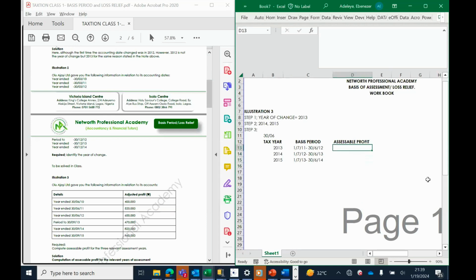Now, this is where most of the work is. Remember last week we talked about the fact that in deciding what the assessable profit will be, at some point you might have to prorate. Yes, you might have to prorate. I checked Abiodun and Aramide's assignments, I think those are the two people that sent theirs to me.